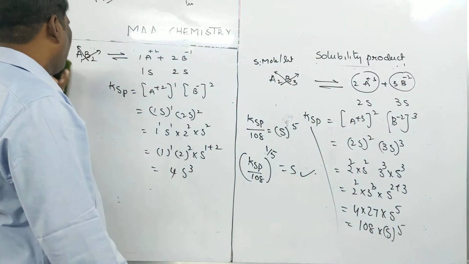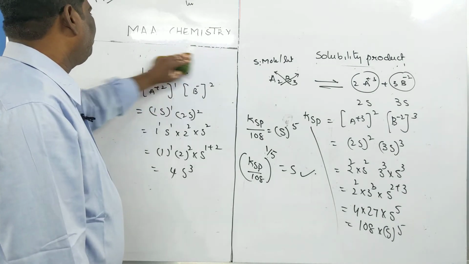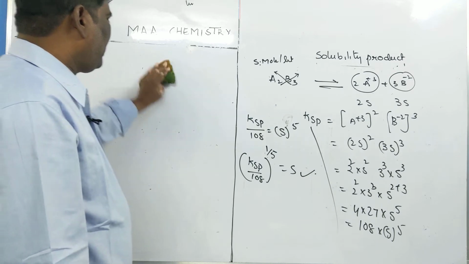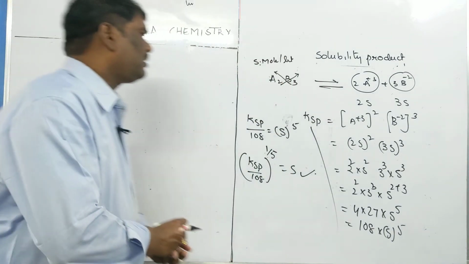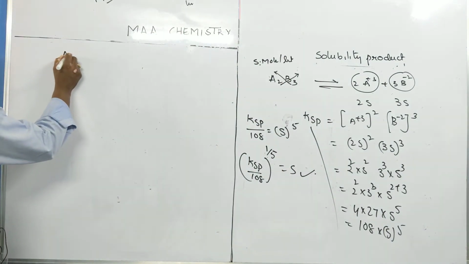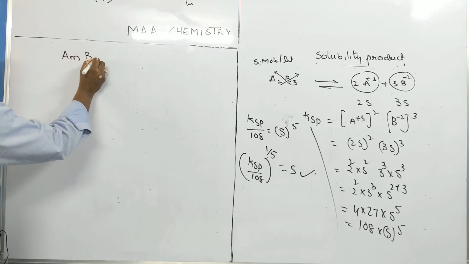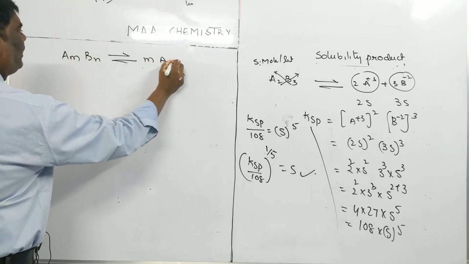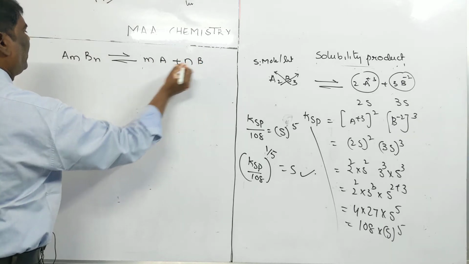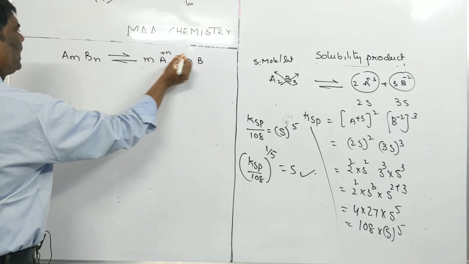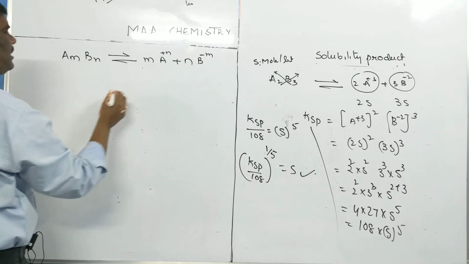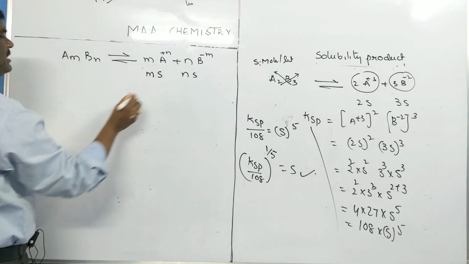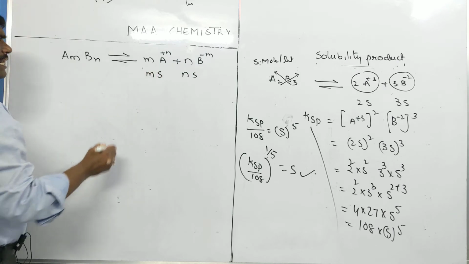Now this time we are taking the general form. The general form I am taking is, let us suppose, a salt of AmBn. This ionizes into M A ions and N B ions, with charge plus N and charge minus M. Now the solubilities are Ms and Ns.